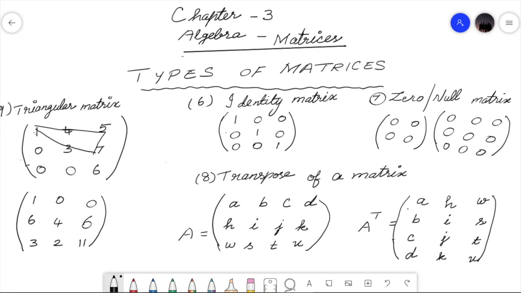In the upper part, the triangle is formed. So we say this is an upper triangular matrix. A triangle is formed here. Okay. So this triangle is formed below. So it is a lower triangular matrix.